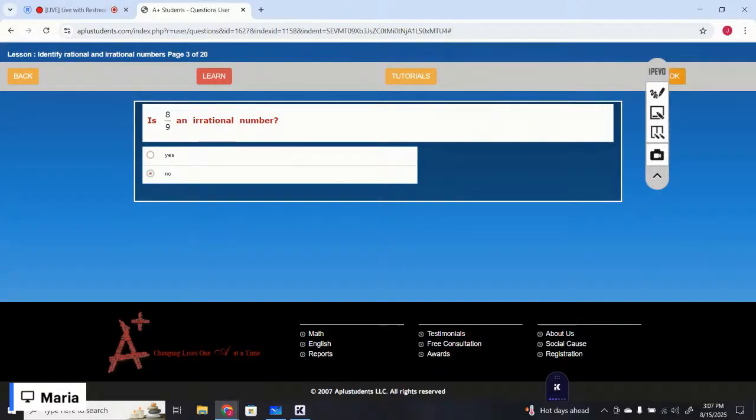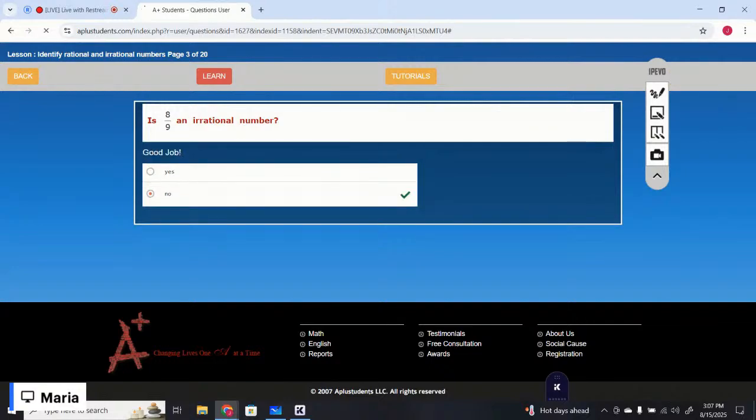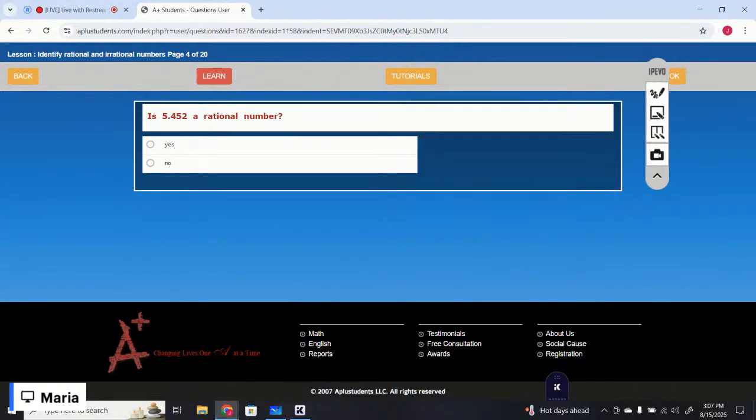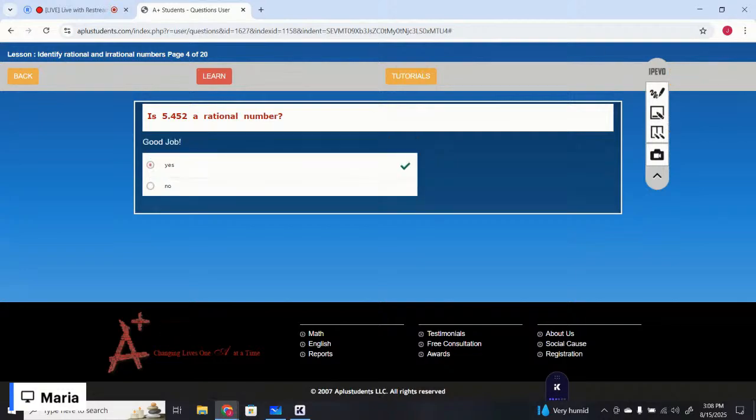That is a rational number. Is 5.452 a rational number? 5.452 is a rational number. You can write it in fractional form, so yes, this is a rational number.